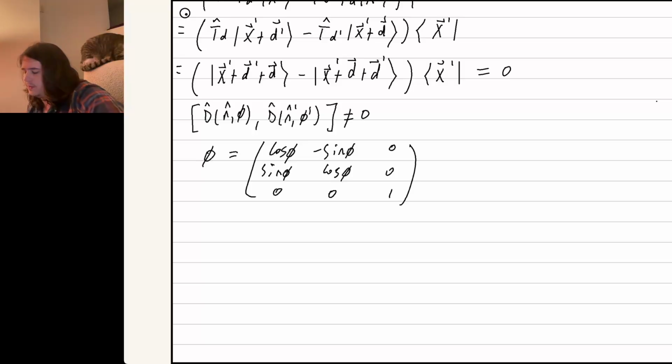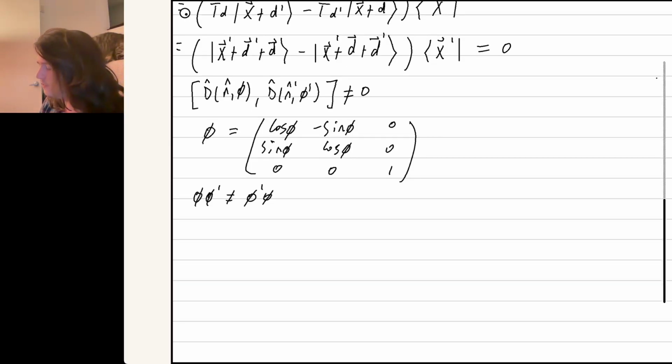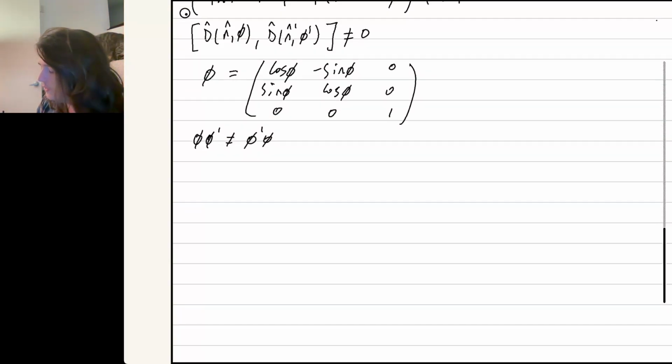Whenever you multiply that operator by another rotation operator, it's generally not going to be the same as the other way around, because matrix multiplication isn't commutative like that, for the general case of phi and phi prime. So this one's definitely not zero. These guys don't commute.